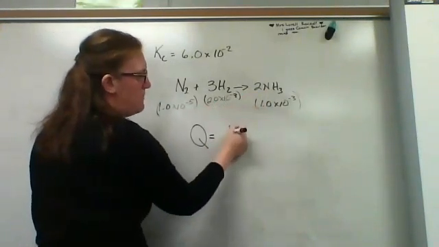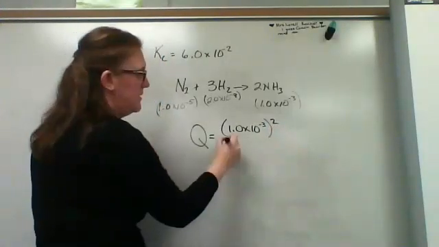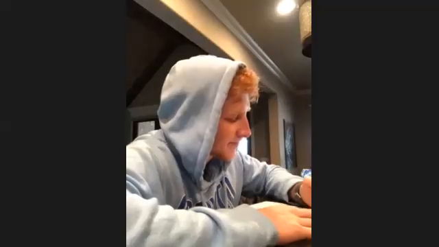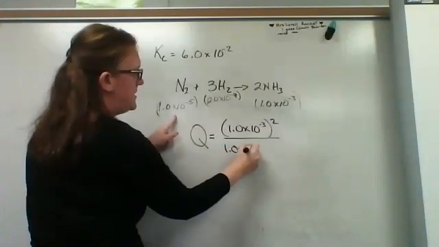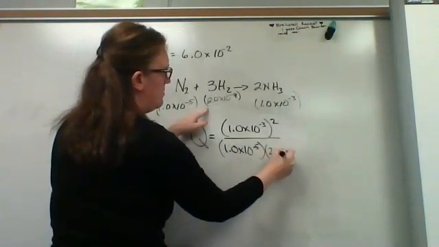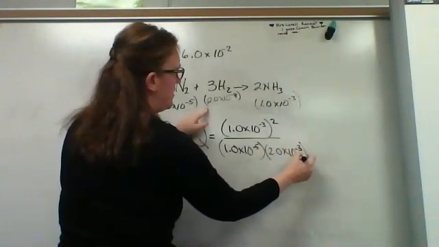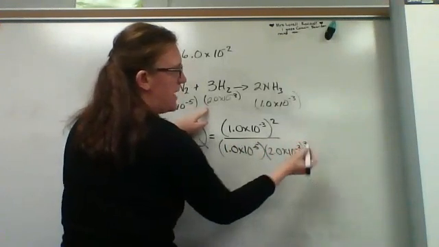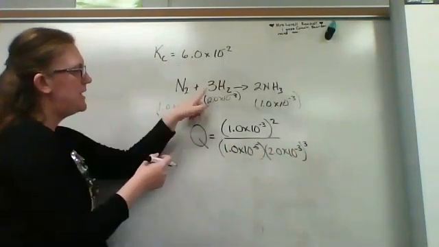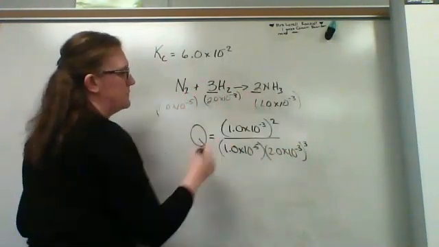So I'm going to say 1.0 squared, divided by my reactants: 1.0 to the negative fifth times 2.0 times 10 to the negative third, and then I'm going to cube that, right? I'm going to take that to the third power because of the coefficient right there.